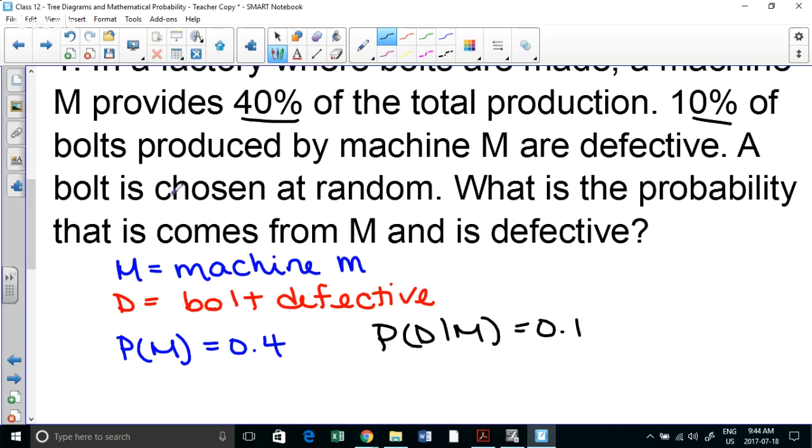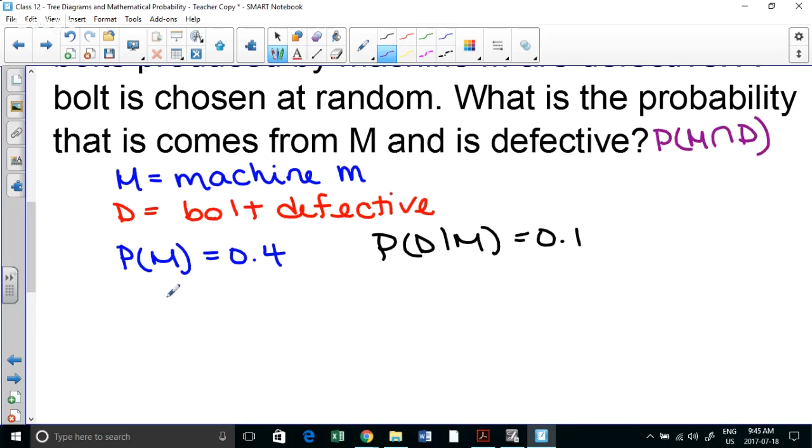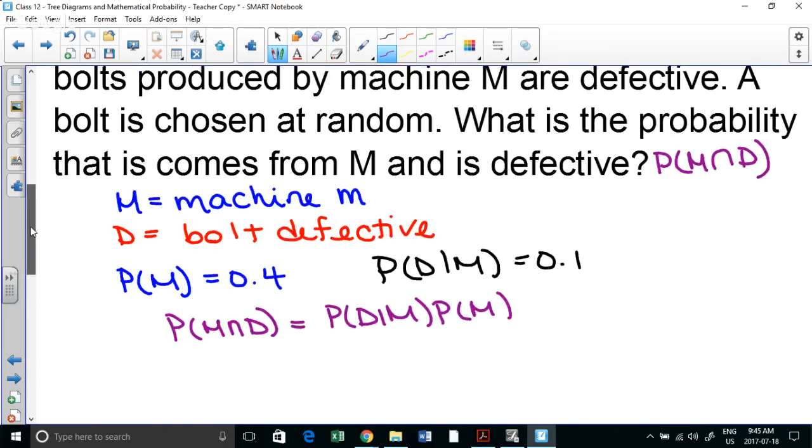So we want the probability that it comes from machine M and is defective. But we just had our new rule. The probability of machine M and defective is going to be the probability of defective given machine M times the probability of machine M. So that's what comes from here.